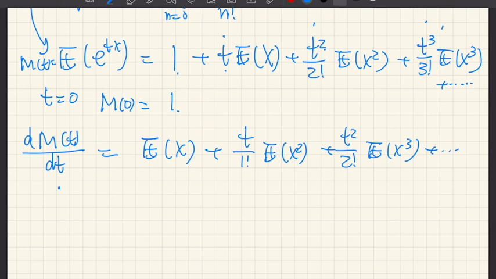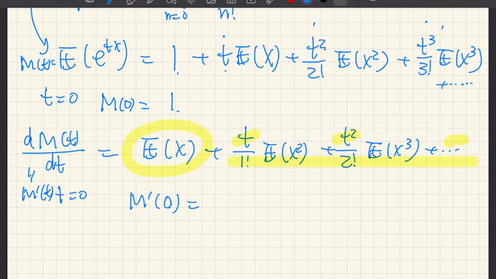Then again put t equal to 0. So let's call this m prime, m prime of 0. All terms that contain t here will be 0. So essentially all the terms except for the first term will be 0.